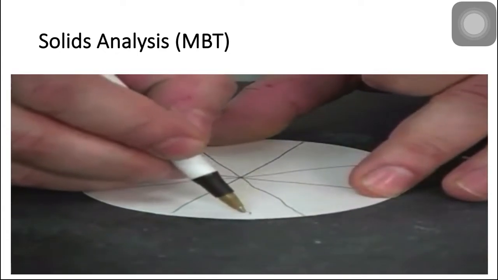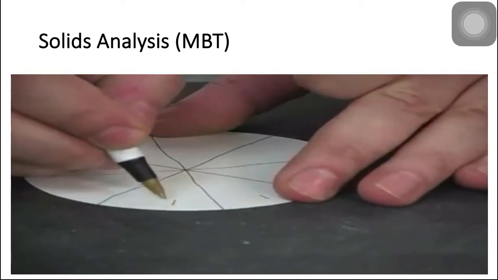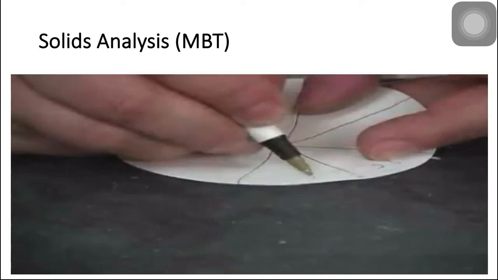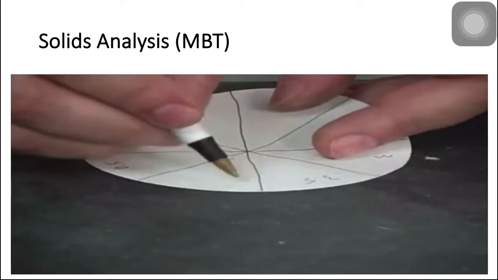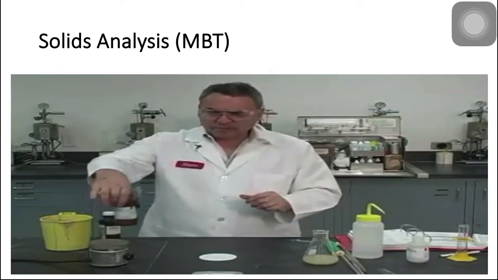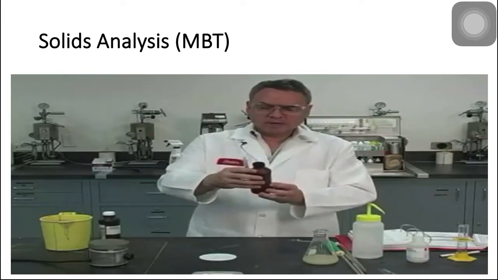First one is going to be half of a cc, 1, 1.5, 2, 2.5, 3, 3.5, 4. So the first thing I'm going to do is to add half a cc of methylene blue.